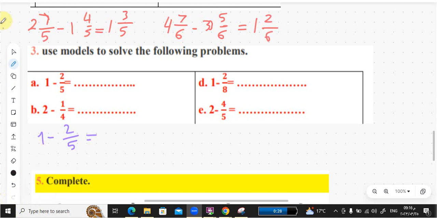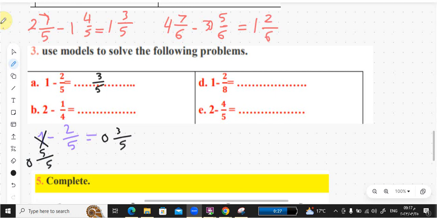So when I go back one step from 1, it will be 0. And the fraction with the same denominator will be 5 over 5. Okay, now let's start. 0 minus nothing is 0. You can write it or not. 5 minus 2 equals 3 over 5. Okay, so the answer will be 3 over 5.